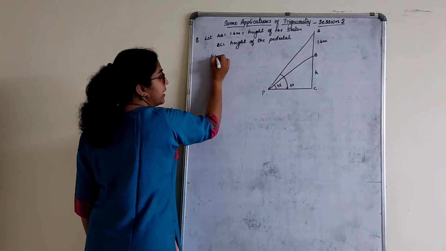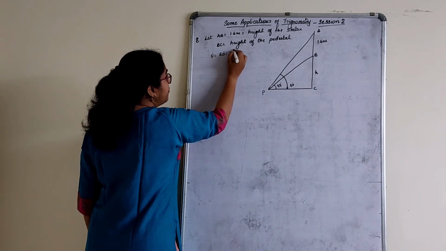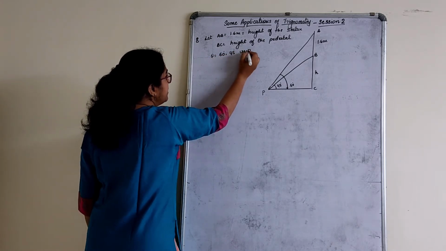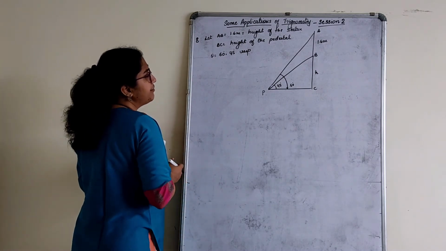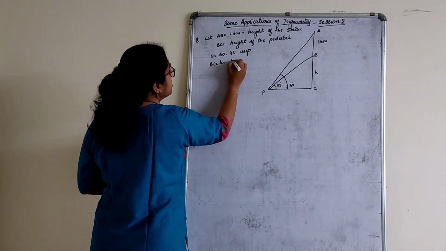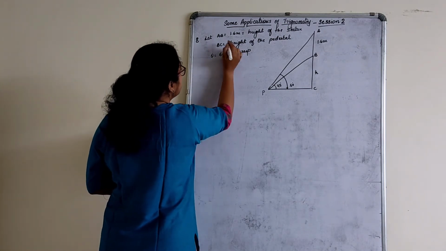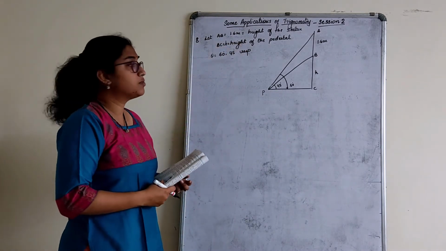Then the angles of elevation are given as 60 degree and 45 degree respectively from the top and the bottom. That's okay if you write. So what we have to find? Find the height BC is equal to H. So we will write H is equal to the height of the pedestal. That is what we have to find out.